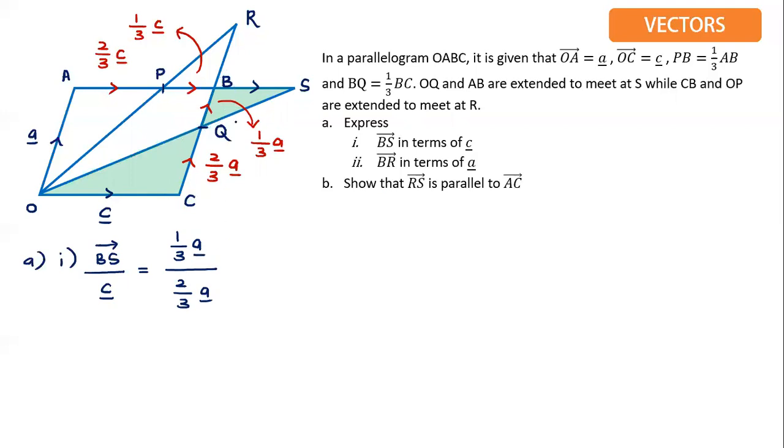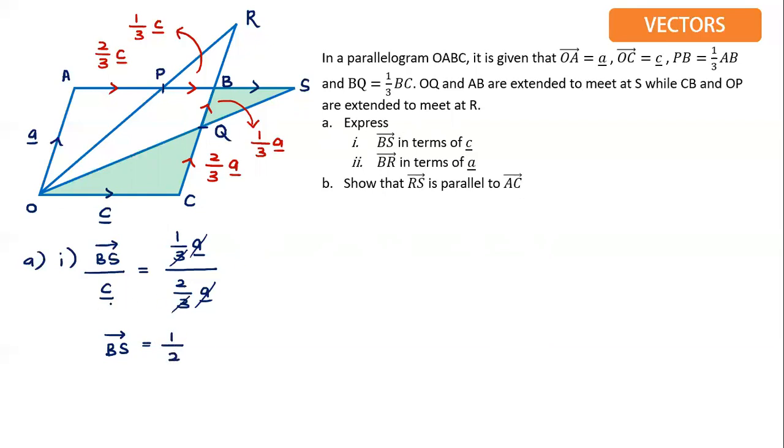Now we can simplify. The 3 in 1 over 3 and 2 over 3 can be cancelled. You can use a calculator to divide them: 1 over 3 divided by 2 over 3, you will get 1 over 2. So now your BS, after you cancel everything, you will have only 1 over 2.